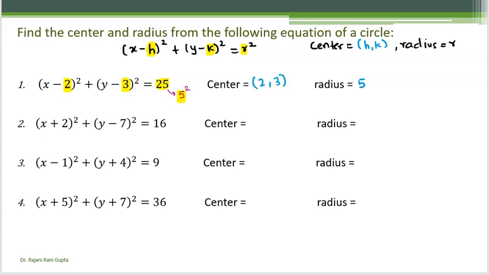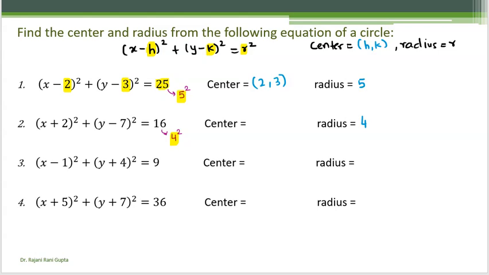Moving on to the next question. (x + 2)^2 + (y - 7)^2 = 16. Again, we have to write 16 as a perfect square of a number. We know that 4 multiplied by 4 gives you 16, that is 4^2. So here your r is 4.